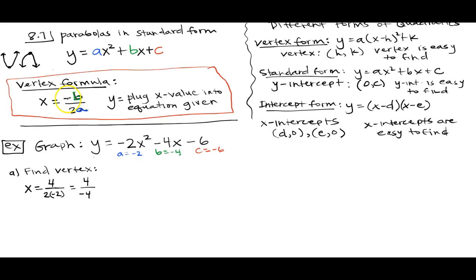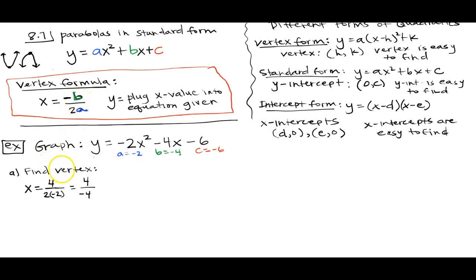Yep, so opposite means just change the sign in front of it. So this negative b means find the opposite of b. You could think of it in a couple of different ways.